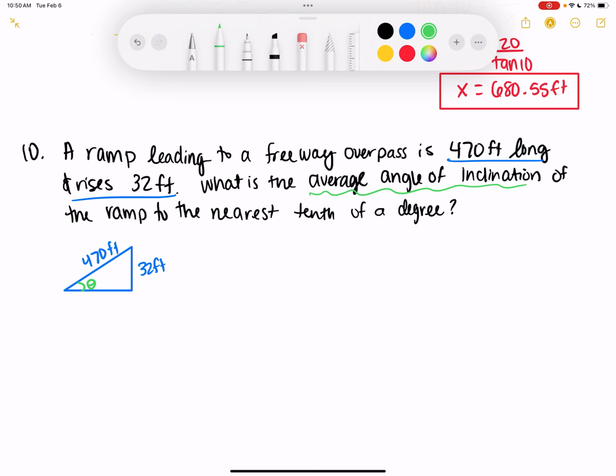What do I need for this one? Sine. So sine of theta equals 32 over 470.